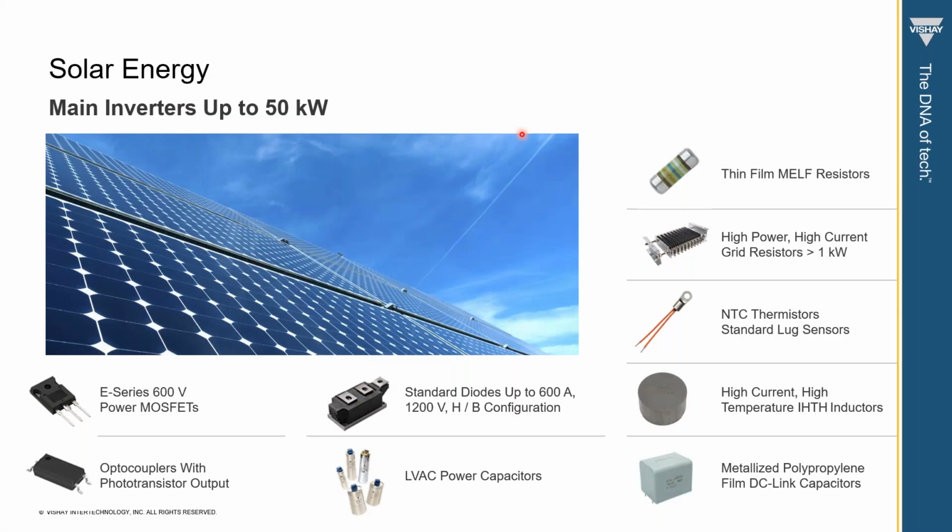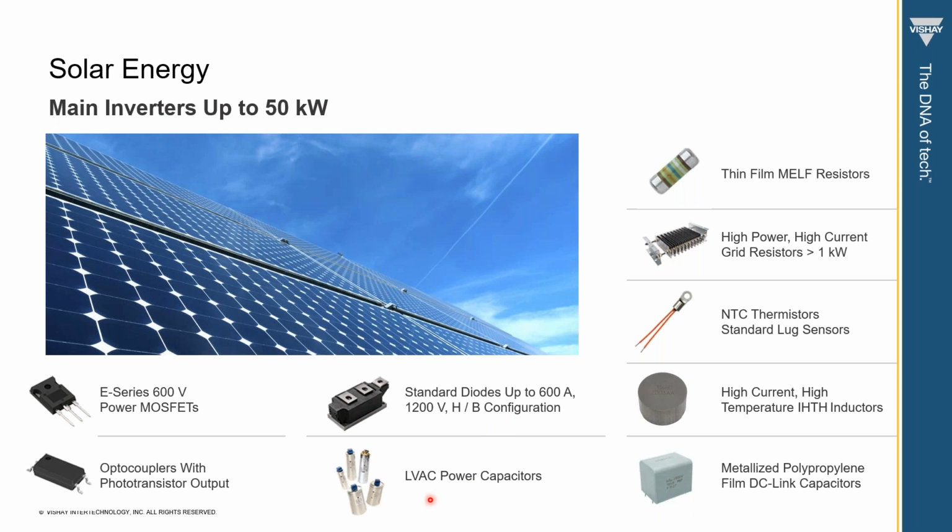In the slide below, we show the Vishay products that we are able to support for the main inverter up to 50 kilowatt. We have the E-series 600 volt power MOSFET, the optocoupler with the opto transistor output, and standard diodes up to 600 amp, 1200 volt for the half bridge configuration.